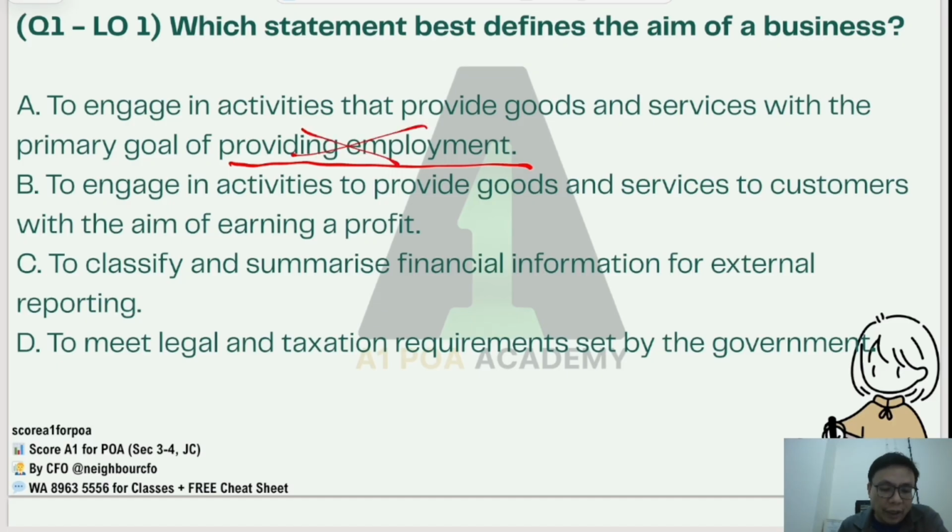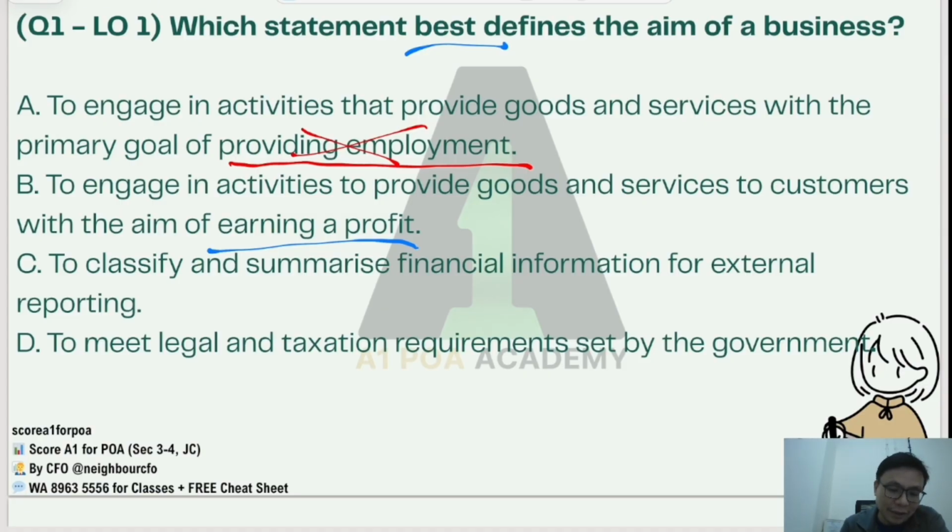Next, to engage in activities to promote goods and services to customers with the aim of earning a profit. There's a plus point over here. Earning a profit seems to fit the best definition of a business. Let us go to the next 2 choices to see whether there's any better fit. If not, B is likely going to be the correct choice.